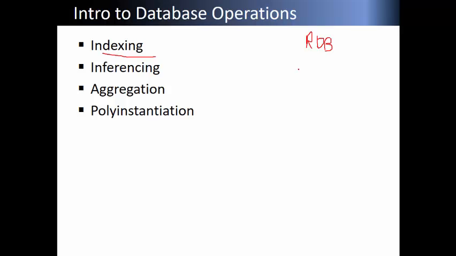RDB has base tables. When you insert new records to a table, the records are stored in the order of insertion. But when you want to access them, your access is not necessarily a search in the same order of insertion.